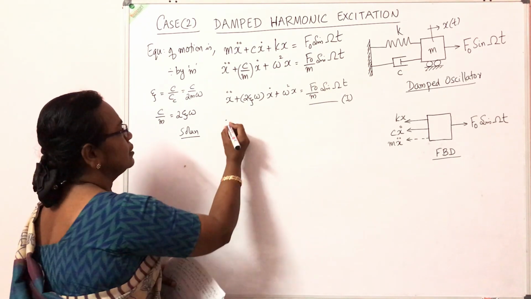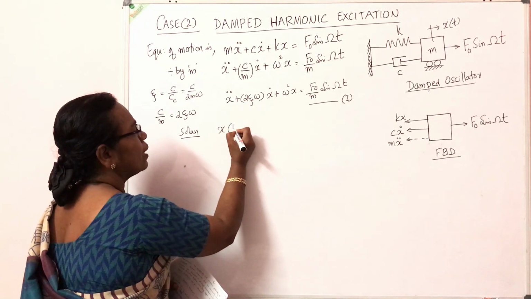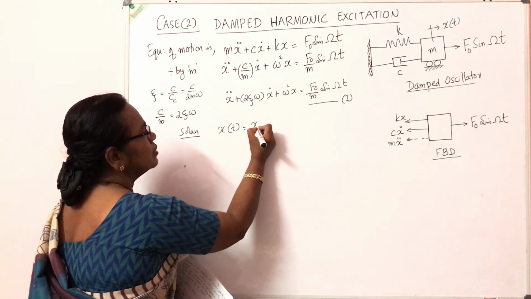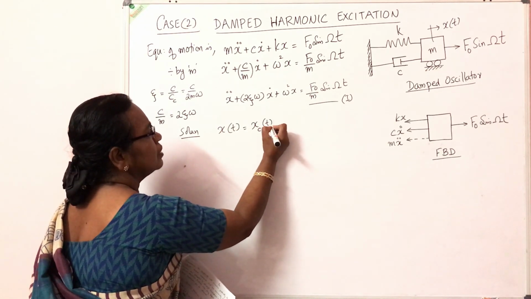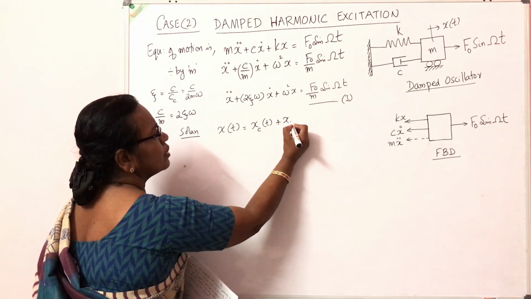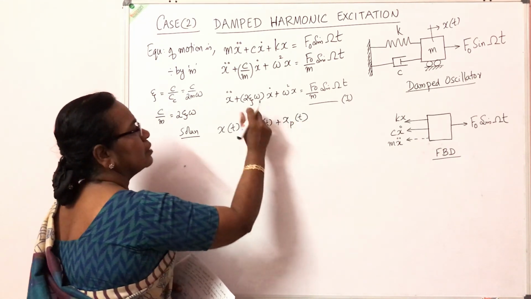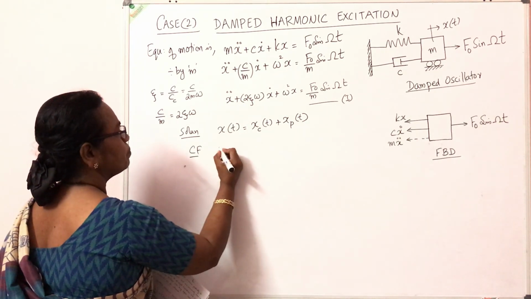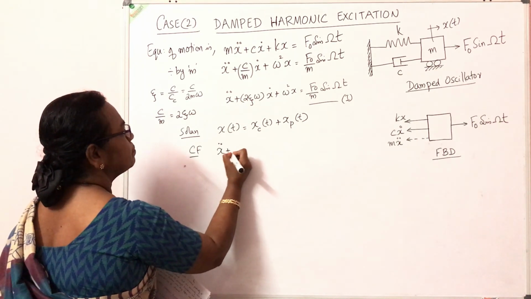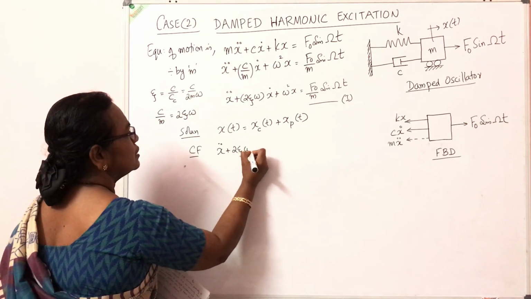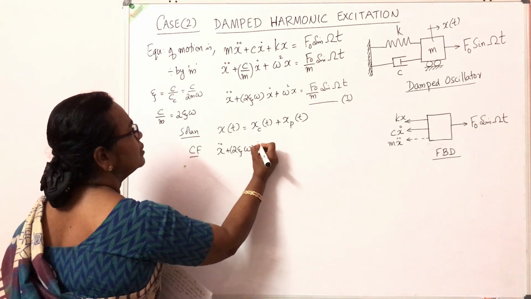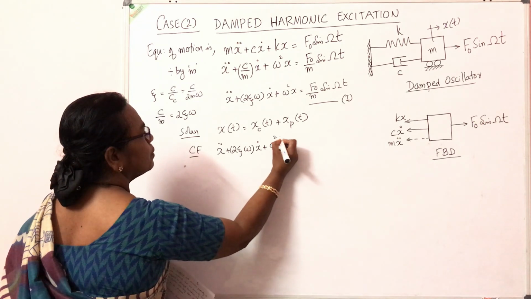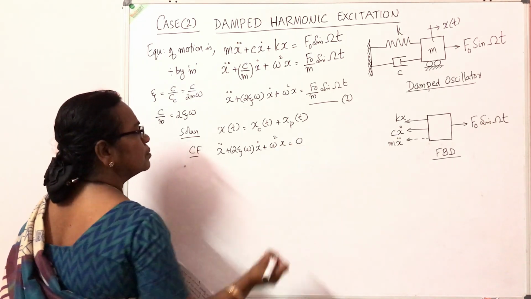So the solution part, x consists of two parts as earlier we have seen, the complementary function plus the particular integral. So the complementary function is obtained by putting x double dot plus 2 psi omega x dot plus omega square x is equal to 0.